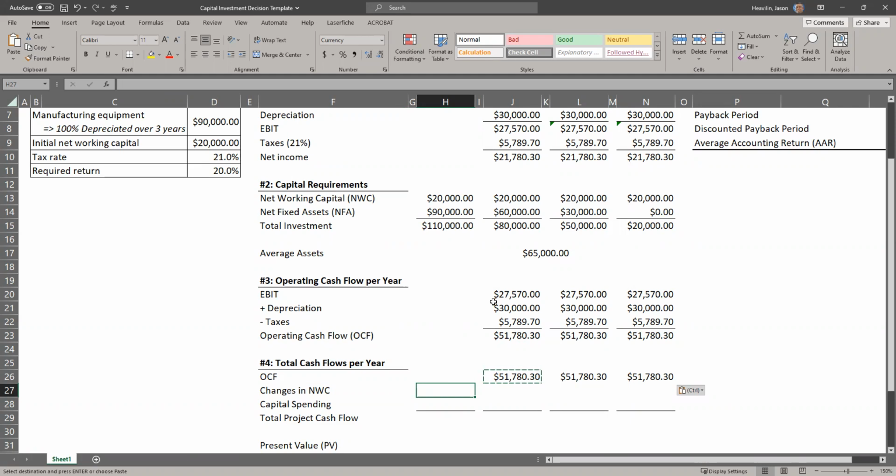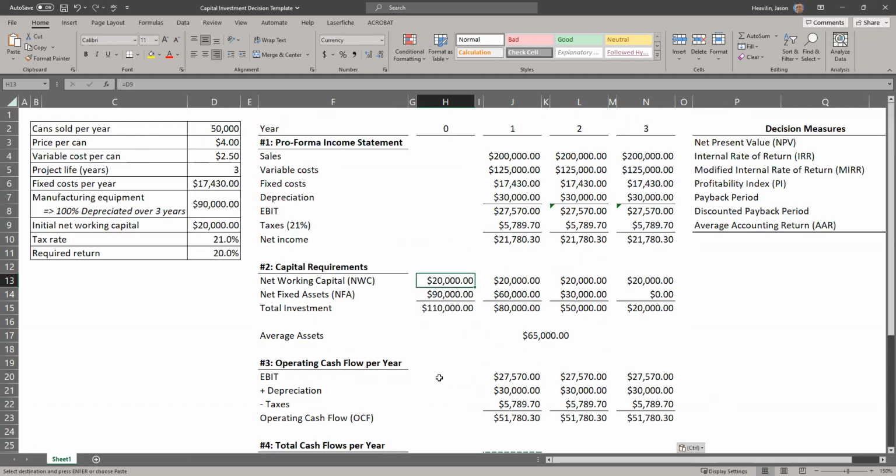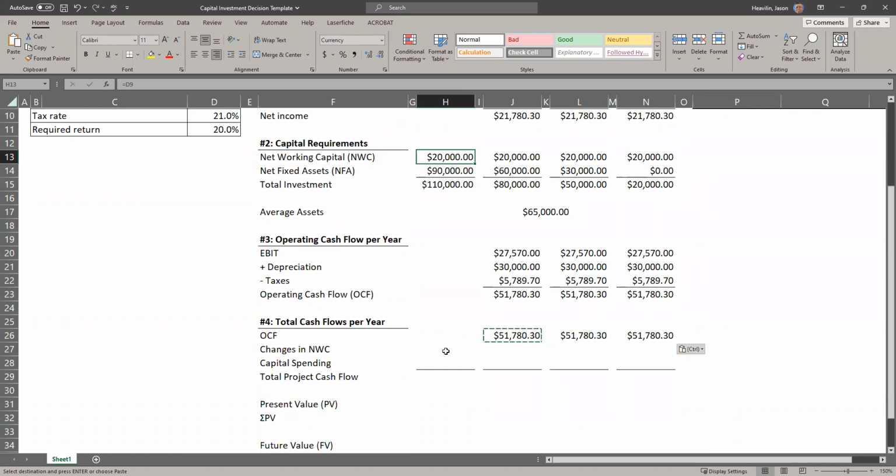So we do know that on year 0, we have a need of net working capital of 20,000. However, here we can express it as a cash flow. So that's cash going out in order to get the project started. So when it's a cash outflow, we represent them as a negative, cash that went out. Same thing with capital spending.